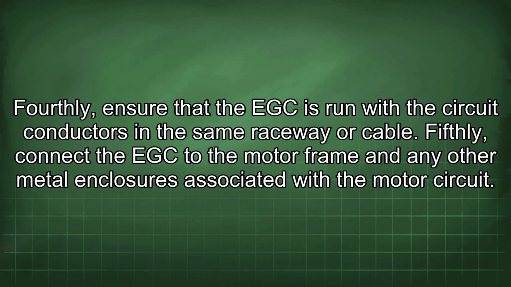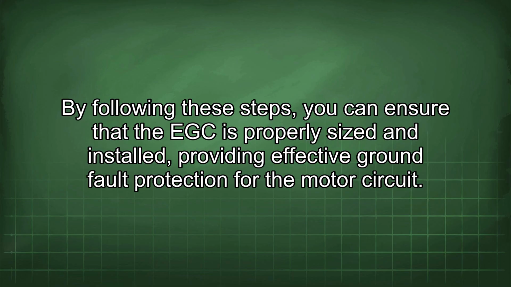Fourthly, ensure that the EGC is run with the circuit conductors in the same raceway or cable. Fifthly, connect the EGC to the motor frame and any other metal enclosures associated with the motor circuit. By following these steps, you can ensure that the EGC is properly sized and installed, providing effective ground fault protection for the motor circuit.